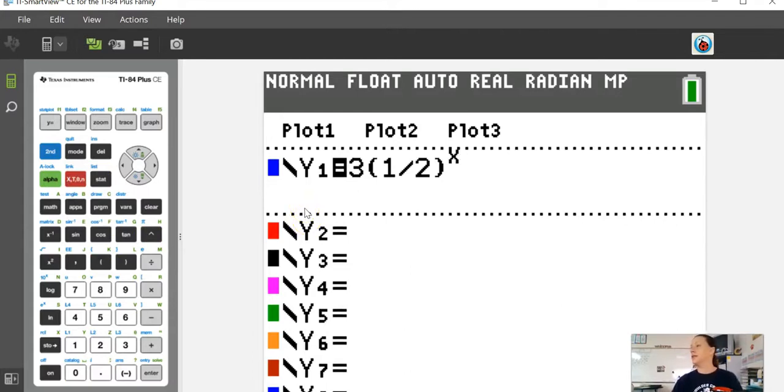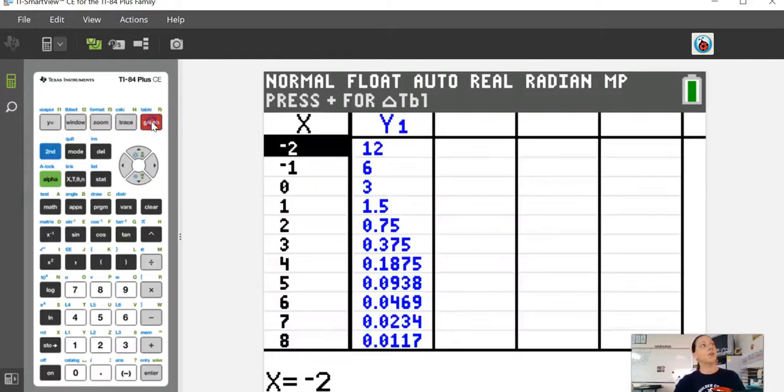If you're using Desmos, go ahead and type that in. And you need to pull up the table. The table on Desmos, you just hit the little gear shift that's up above the equation, and then press table. If you're on a graphing calculator, click second graph. And it'll give you the table.